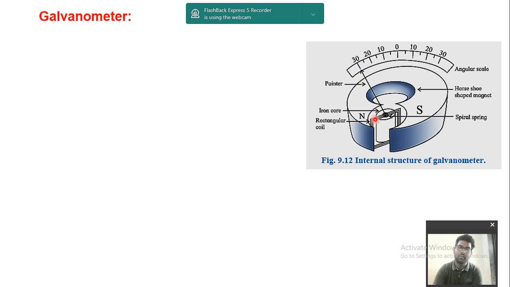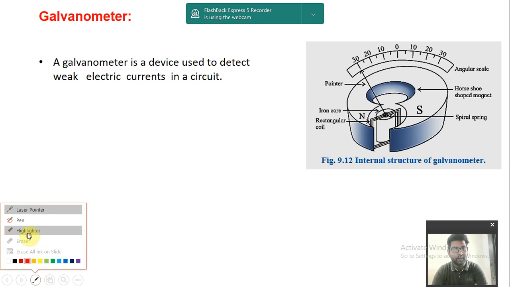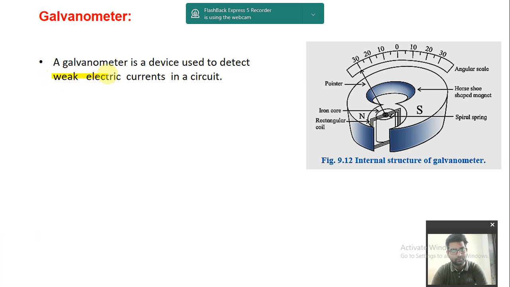Okay, so let us see what it says. It says that a galvanometer is a device used to detect weak electric currents in a circuit. So the first important point here is that it can only detect weak electric currents. That is, it has a particular range of current that it can deflect. Suppose you see this is 0, this is 30 and this is 30, it means the maximum value is 30.